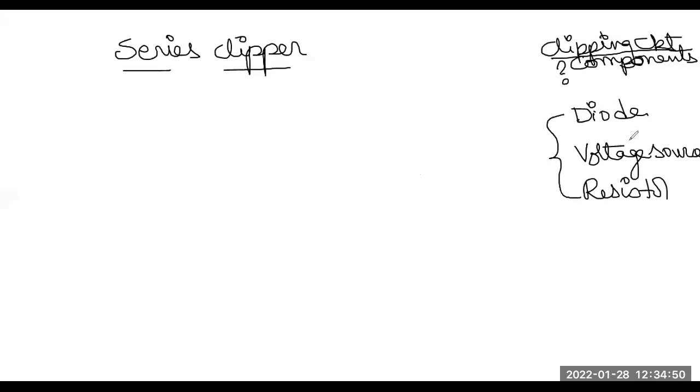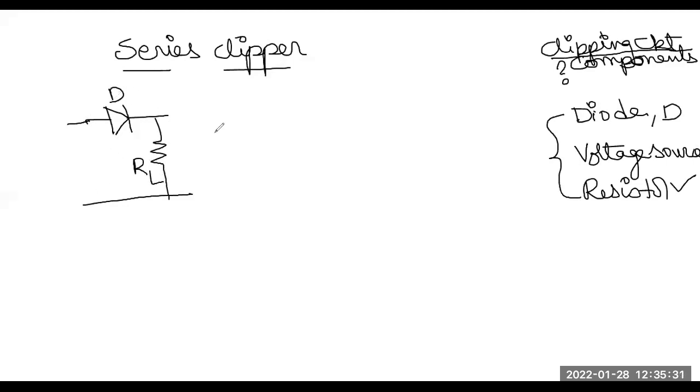Let us see how these three components are arranged in a series clipper. Since it is a series clipper, we need to have the diode connected in series to the load. So this is the diode in the series arm, connected in series to the load resistance, which we call the load resistance RL.